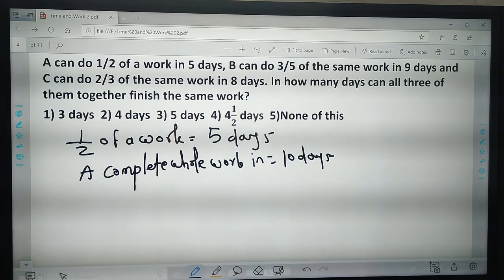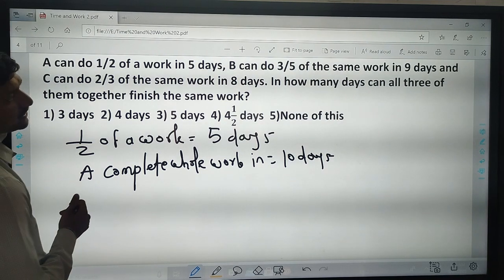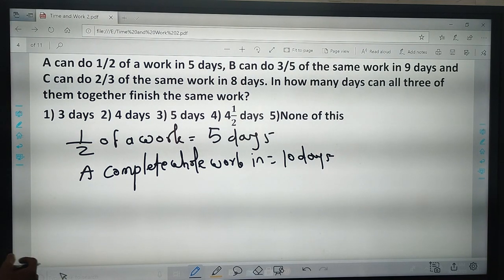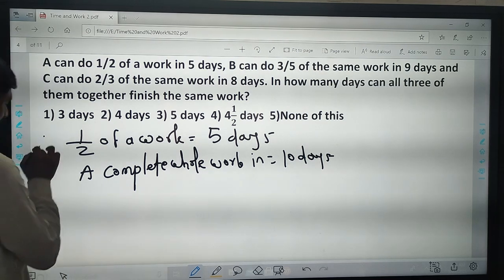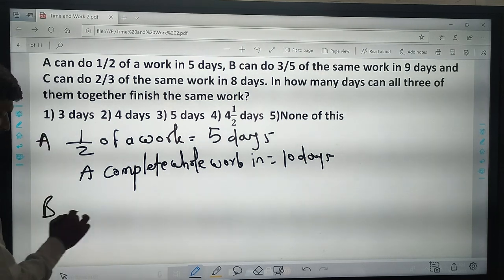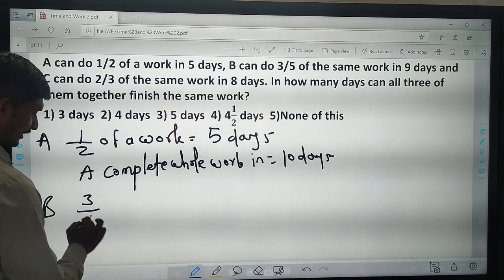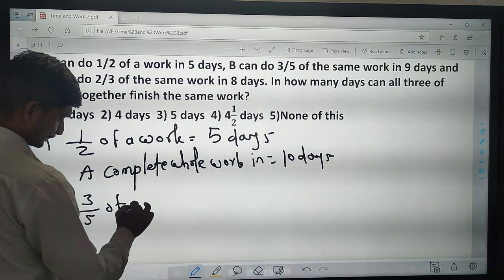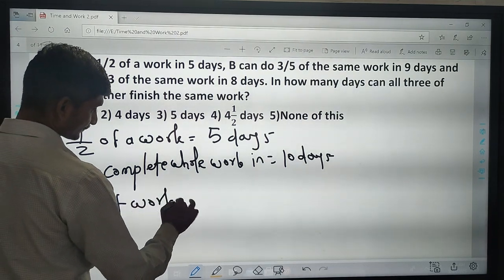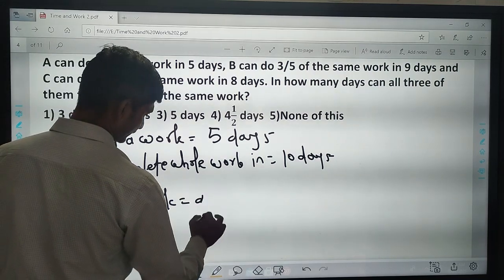Now here B can do 3/5 of the same work in 9 days.